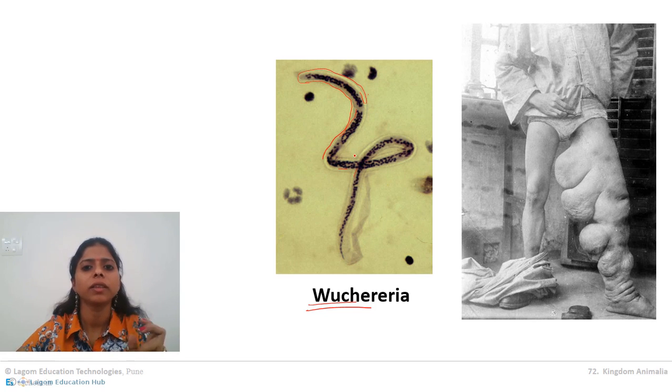As the cuticle is tough, it survives inside our body, and it is very difficult for our immune system to kill that animal. Understanding?